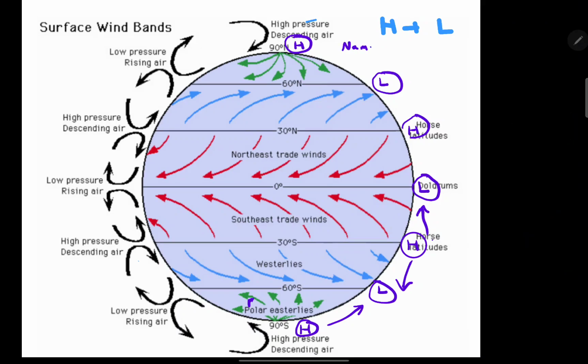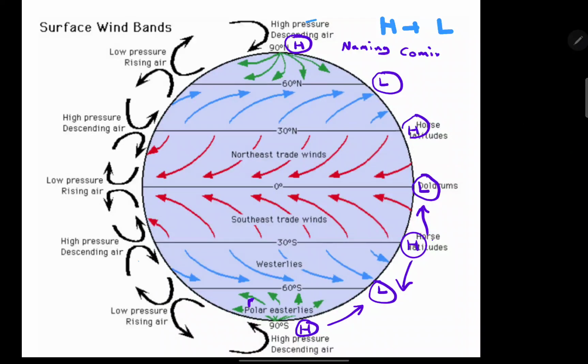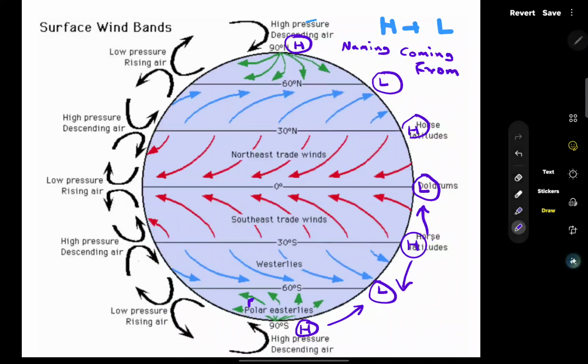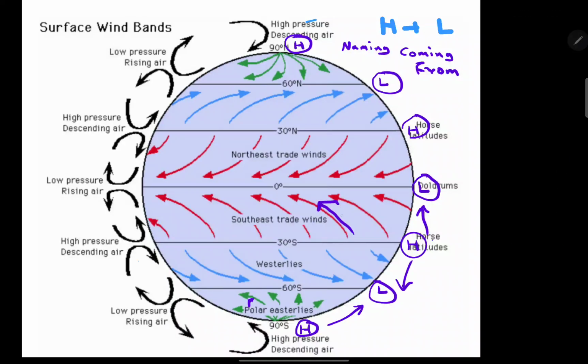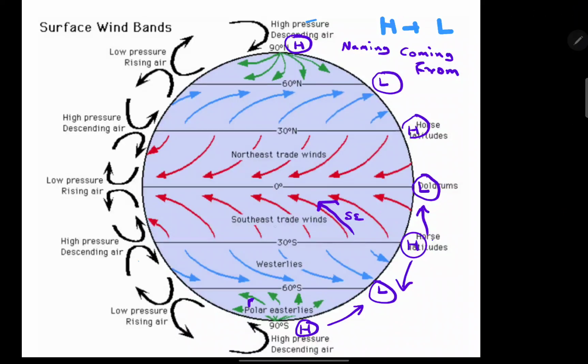Wind naming is always done from where the wind is coming from. So as you can see, if you make this wind high to low, it is coming from the southeast direction. So this is your southeast trade winds.